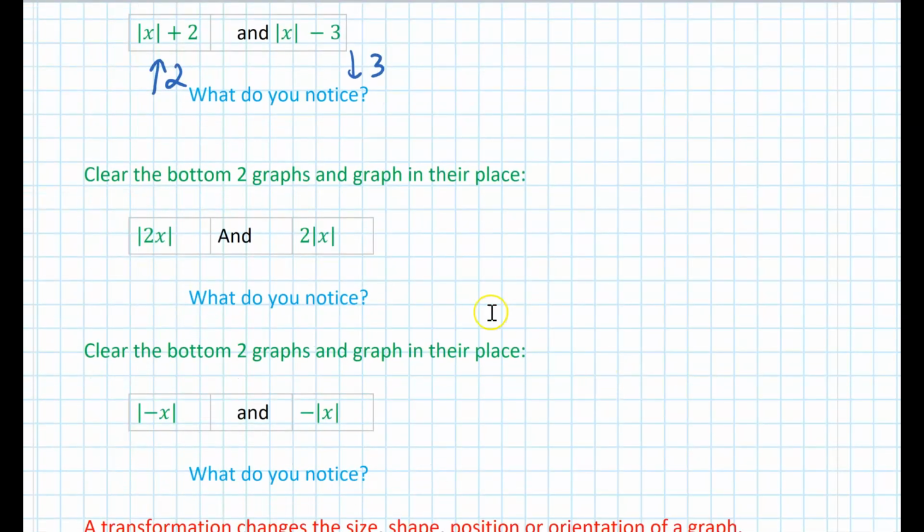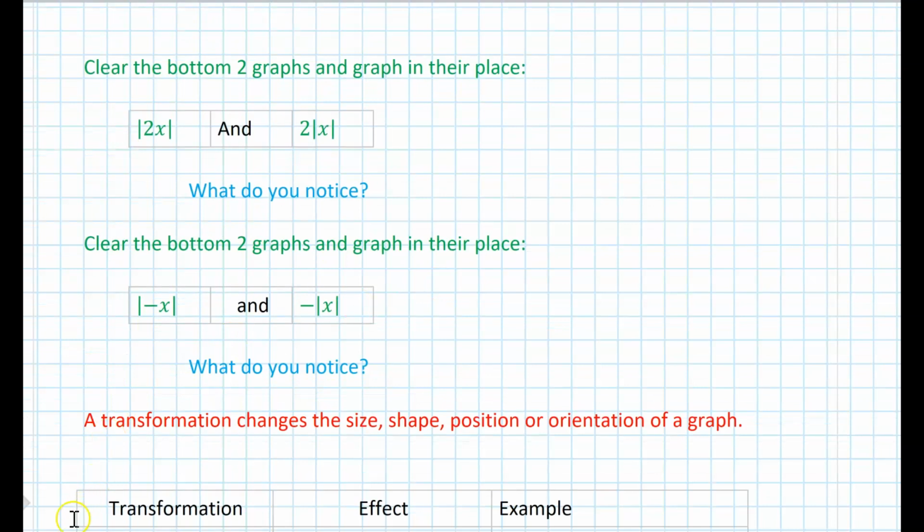And now I want you to graph the absolute value of 2 times x and then also 2 times the absolute value of x. Okay, so what happened when we multiplied by the 2? What'd you see, Caraday? This slope, it's like up 2 over 1.